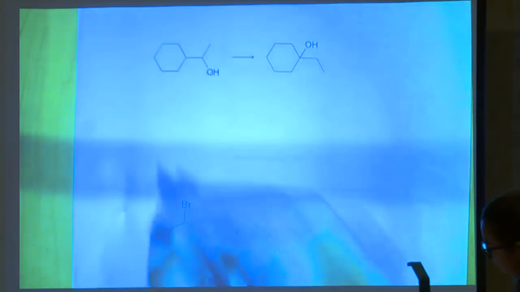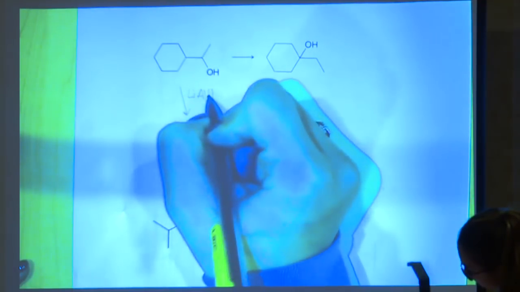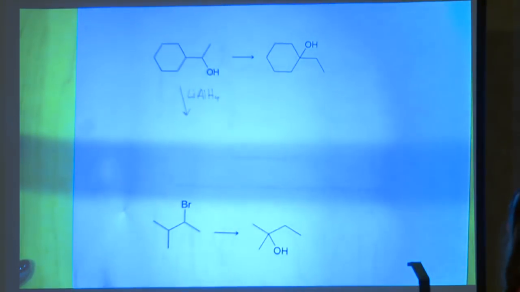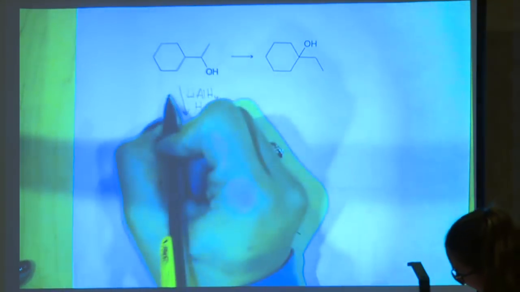Here, I think they had the answer here. So what do we need to do? The first step is to take away the OH. Okay. Is this numbered? Yeah, figure 1 and 2.